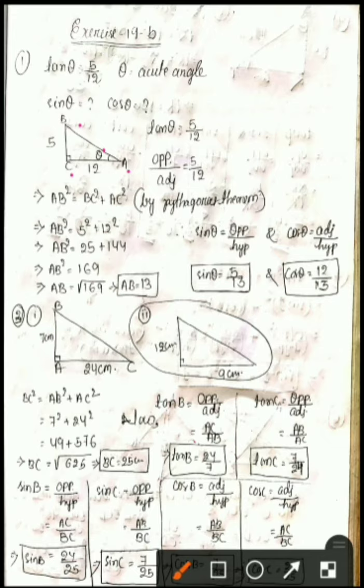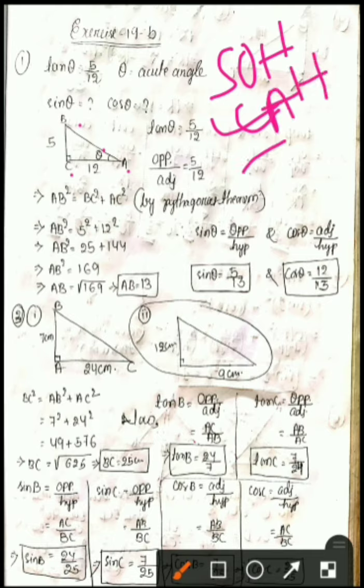So students, here tan theta equals 5 by 12. That means opposite by adjacent. Remember the term SOHCAHTOA: SOH, CAH and TOA. The term TOA is for tan theta equals opposite by adjacent, that's what I have written here.